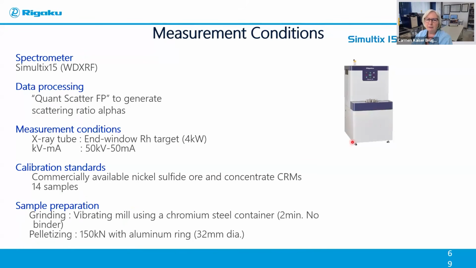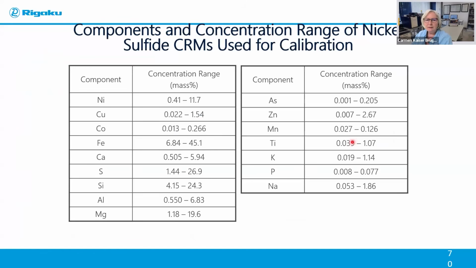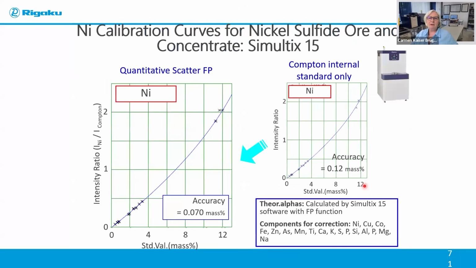And the fixed channels will be defined by the application that we would like to use. And in this case, the different application here was to have fixed channels for all these elements that you see here. So the range of the methods that we set up on the Simultex for nickel all the way to sodium are shown here using certified reference materials, setting up the calibrations. And these are some of the examples.